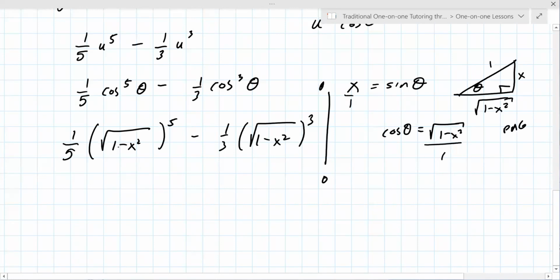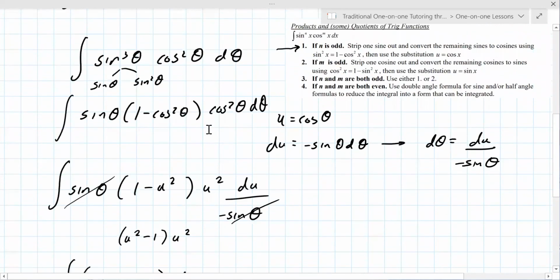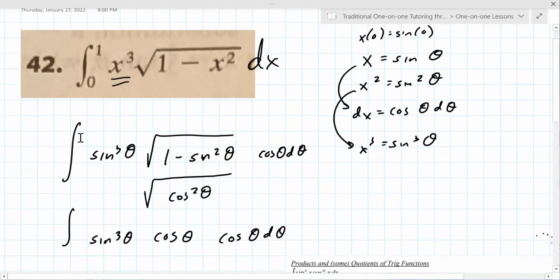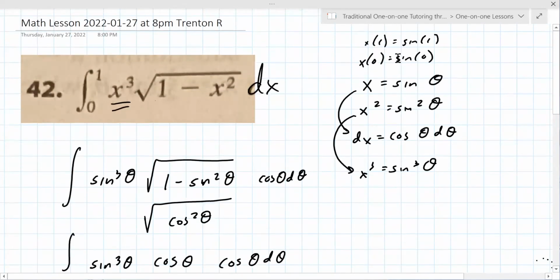Don't we need new bounds, because I back substituted the original variables? And that's why I don't need new bounds. I like to back substitute depending on the problem. When it gets really complicated, I try to go back to the original. You could, so we would have had to do it at this step. So this would have been from 0 to sine of 1.